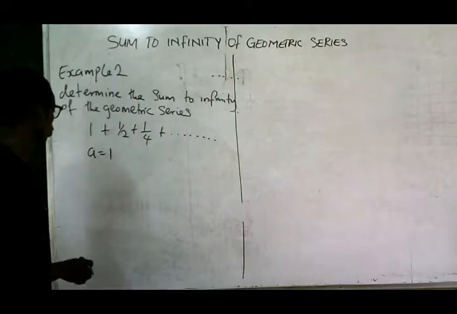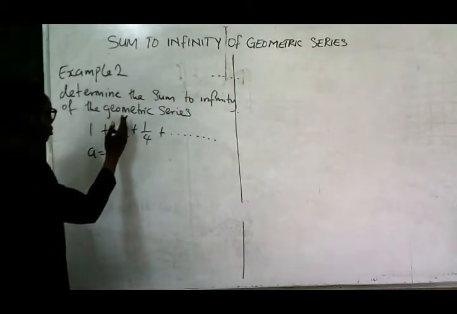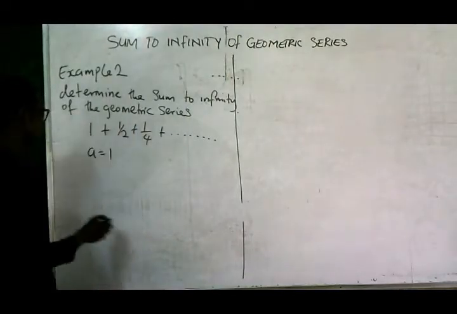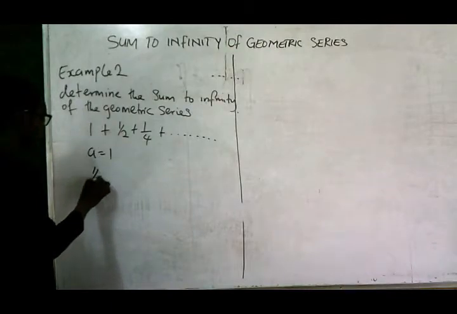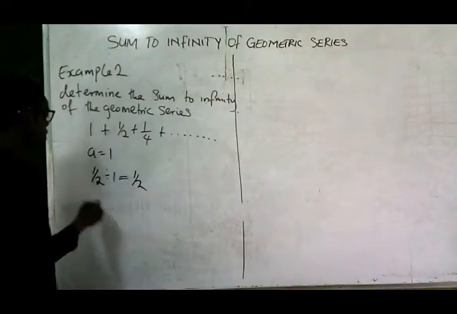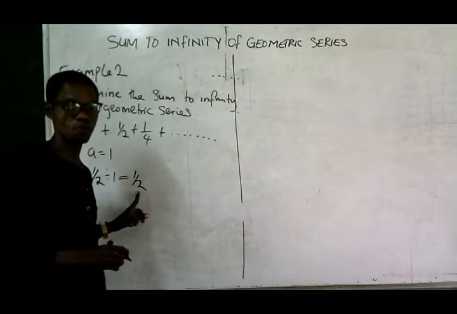The common ratio, how do we get the common ratio? You take one term divided by the previous term, you have 1 over 2 divided by 1, which will give me 1 over 2. So the common ratio is 1 over 2.